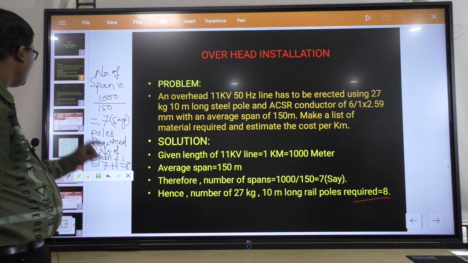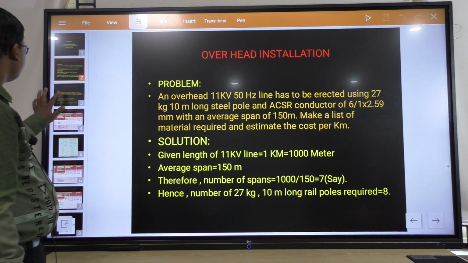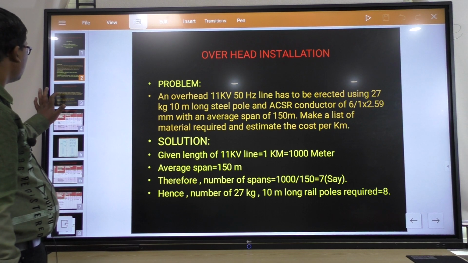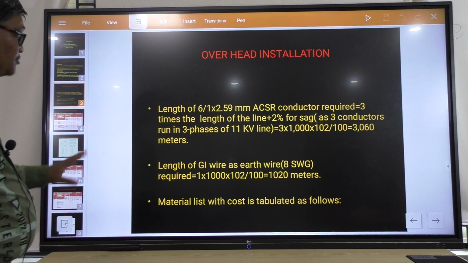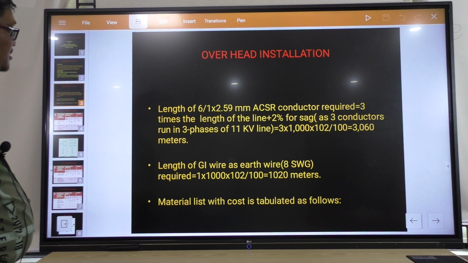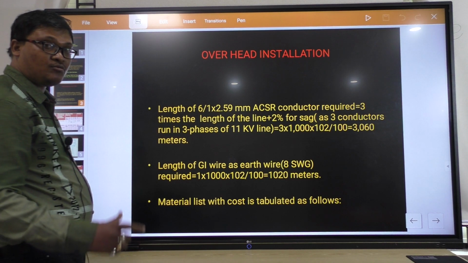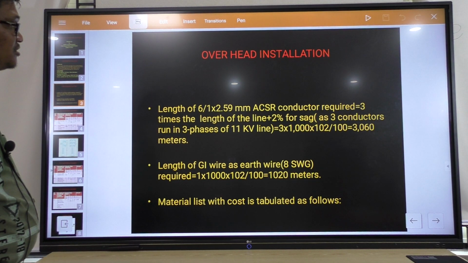Next, we have to find out the next important material, that is the length of 6 by 1 into 2.59 mm ACSR conductor required.